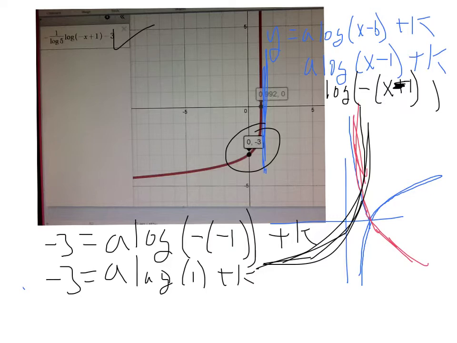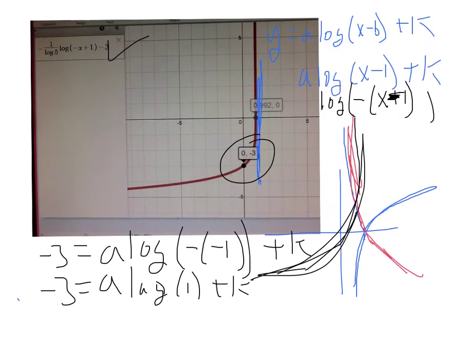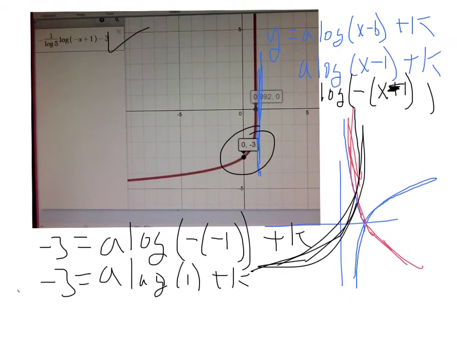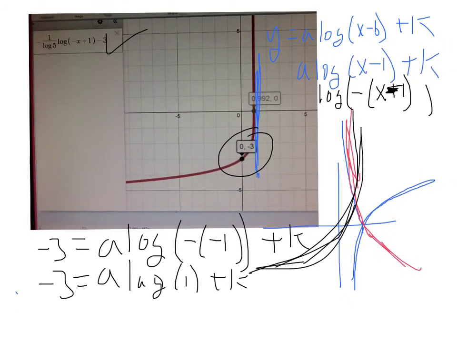And now I've got to find a. Now I need another point, and on the original graph, I'm seeing it's going through -4 and -4.